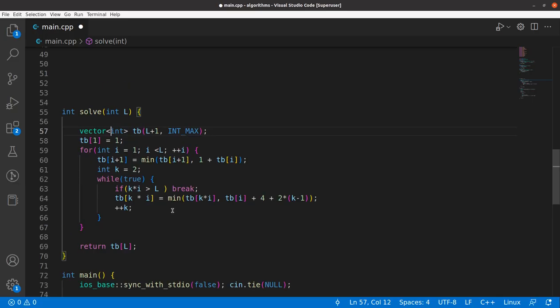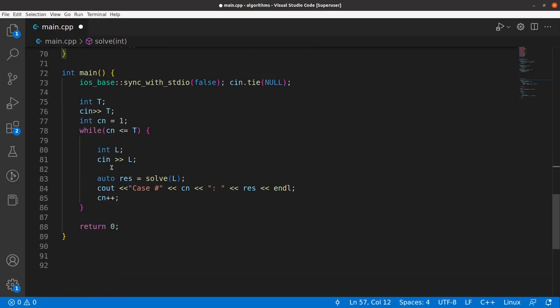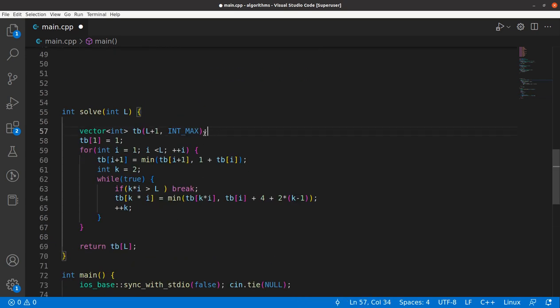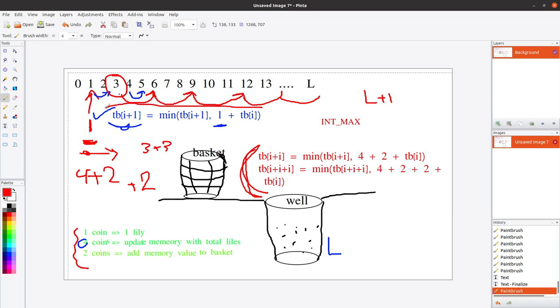Let's look at the code implementation. So here we parse the test case, and we need to solve for every test case. This is our table. As we said, it's L plus 1 entries, and each entry has int max value, and TB of 1 equals 1 coin, and we will loop from 1 up to L. And this is our first step here, for spending 1 coin.